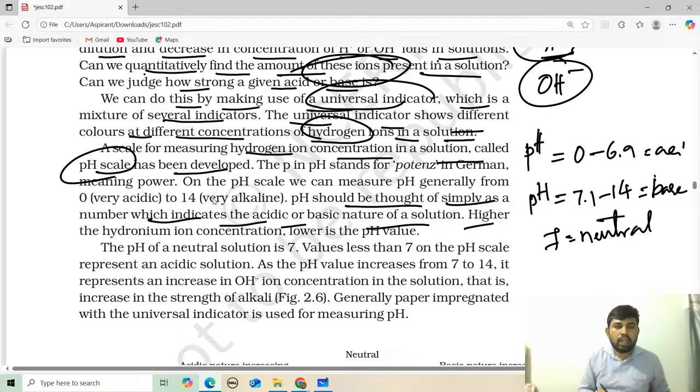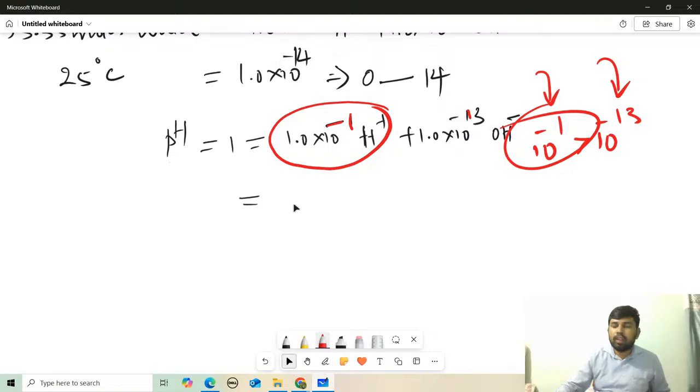Higher the hydronium concentration, lower the pH. So here they have given something else. Higher the pH, what can we say, sir? Remember here, pH is inversely proportional to the H plus ion concentration.